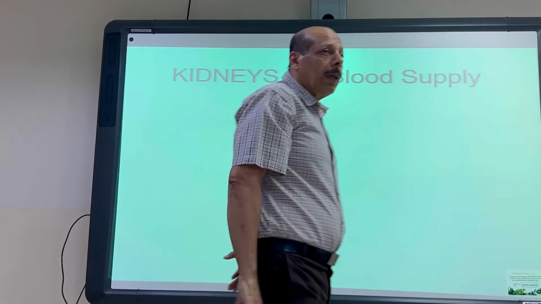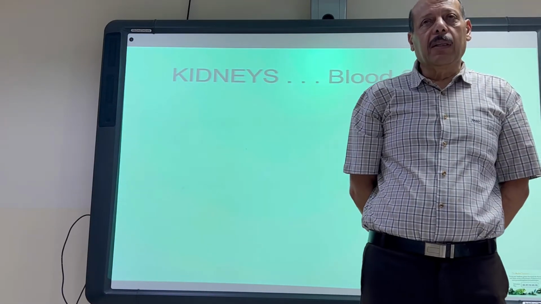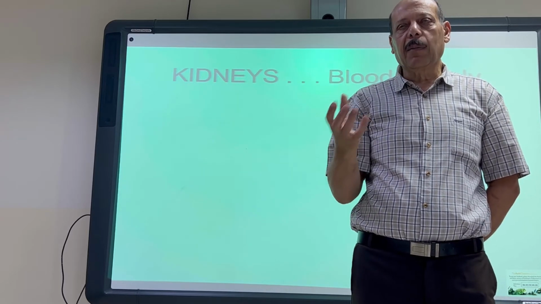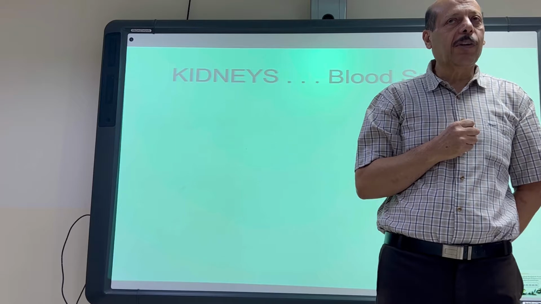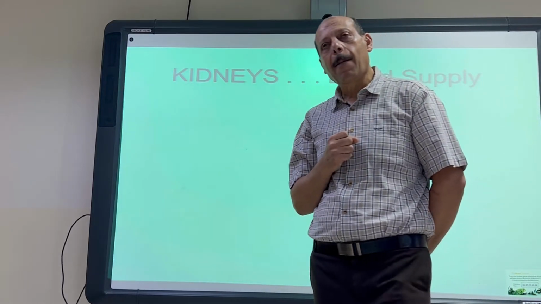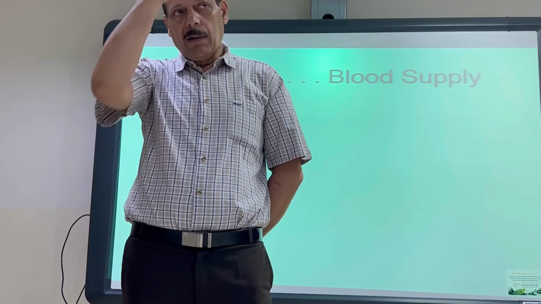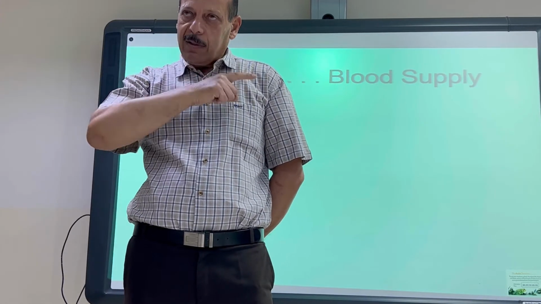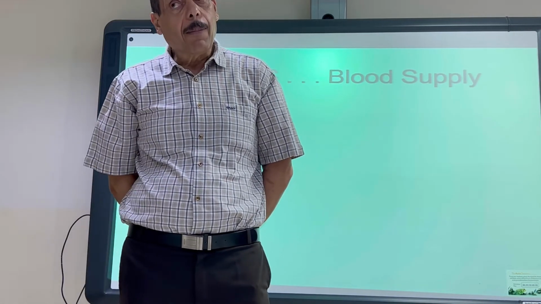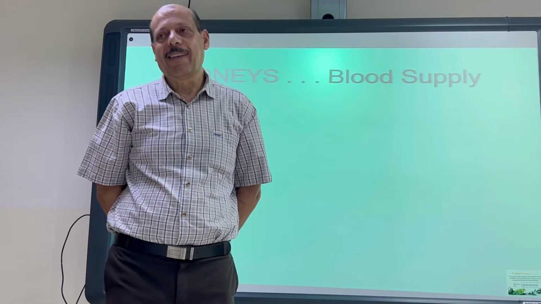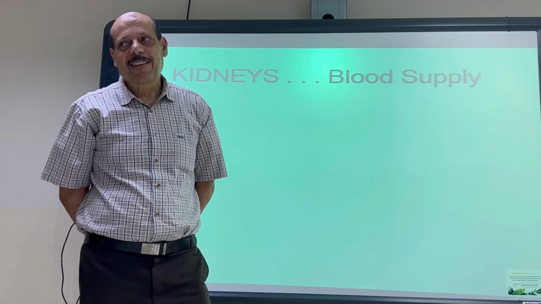About the blood supply to the kidney, we said that the arterial blood supply came from what? From which artery, main artery? The main artery that the branch of the aorta, which part of the aorta? Abdominal aorta.